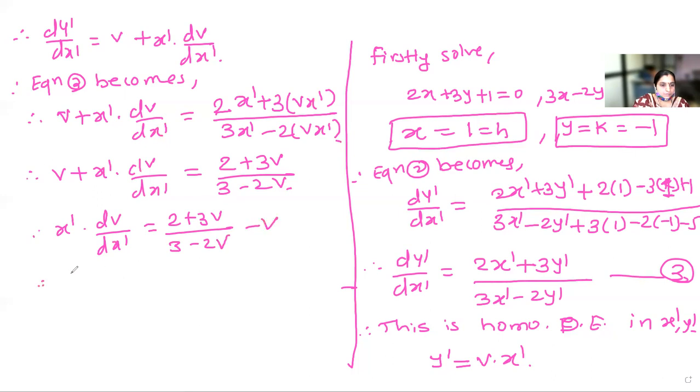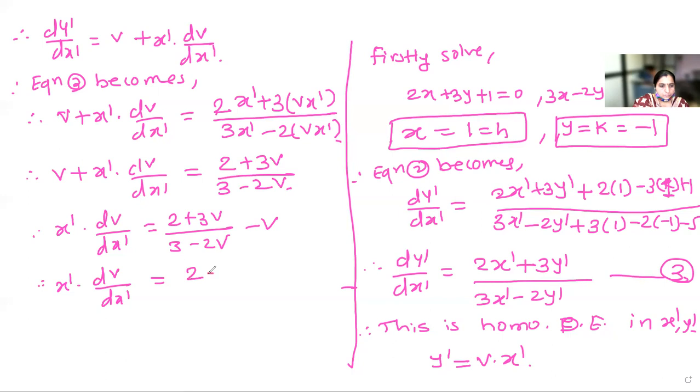So therefore you can see x dash into dv by dx dash is equal to, yes, 2 plus 3v minus 3v, 3v minus 3v gets cancelled. So in the numerator, what is remaining?